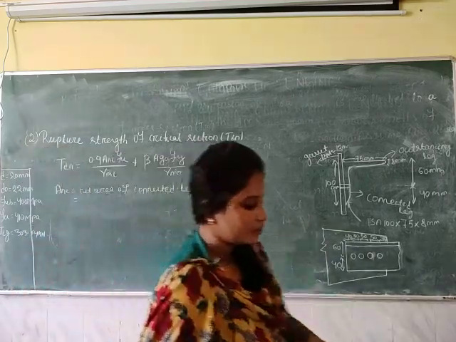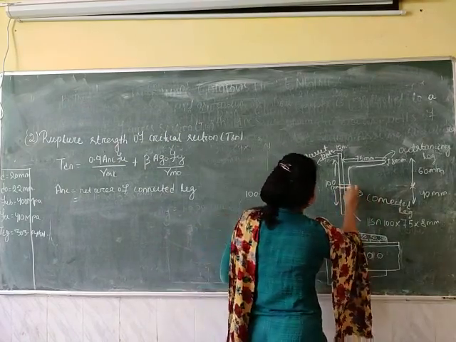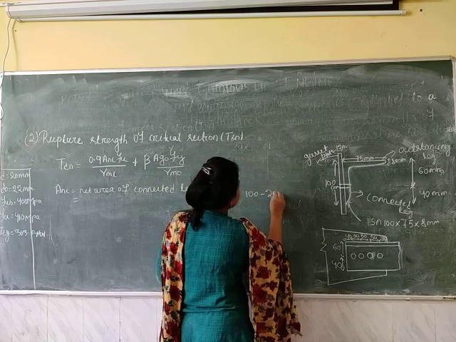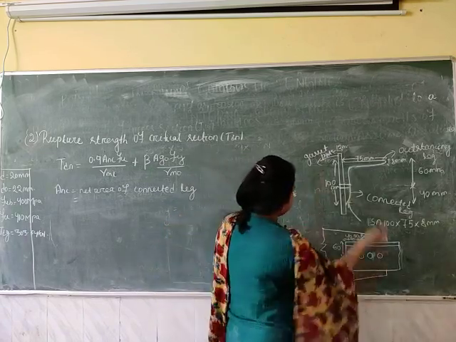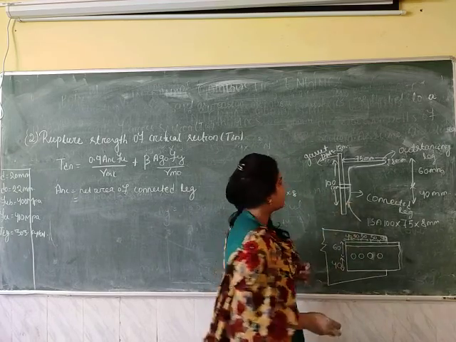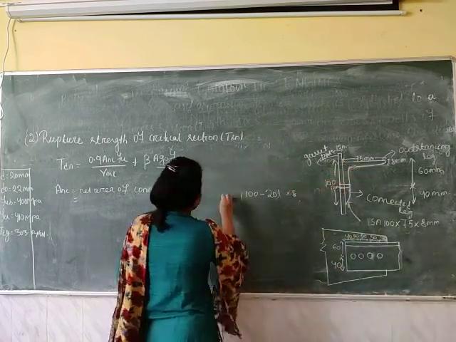So you need to deduct this bolt hole dia, 20 mm, into the thickness, that is, the thickness of the angle section is 8 mm.